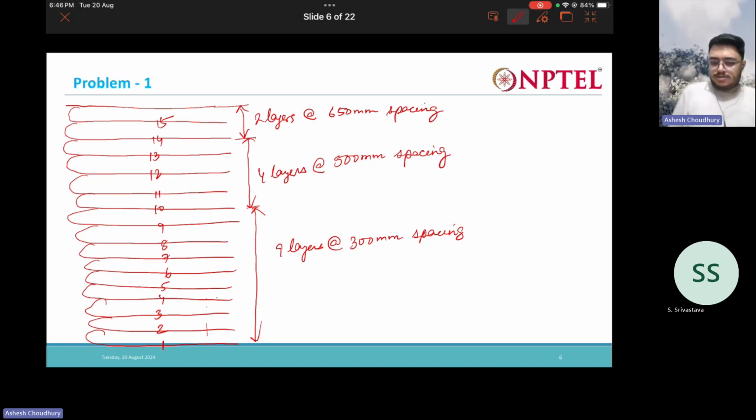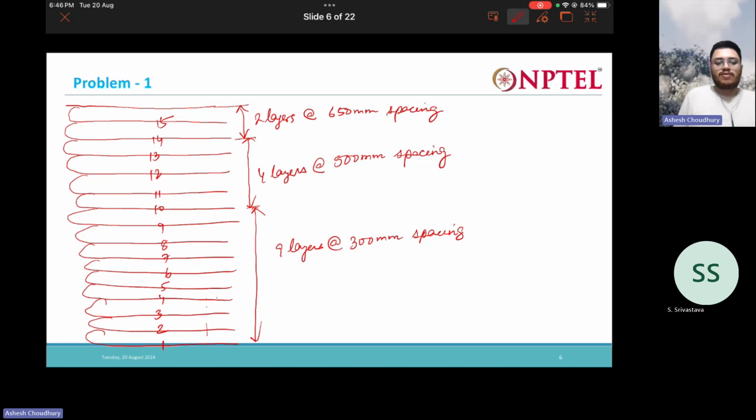So this is what we have decided: 9 layers at 300 mm spacing, 4 layers at 500 mm spacing, and 2 layers at 650 mm spacing. Alright, so this is how we have decided the distribution. Done. So the spacing part is done.